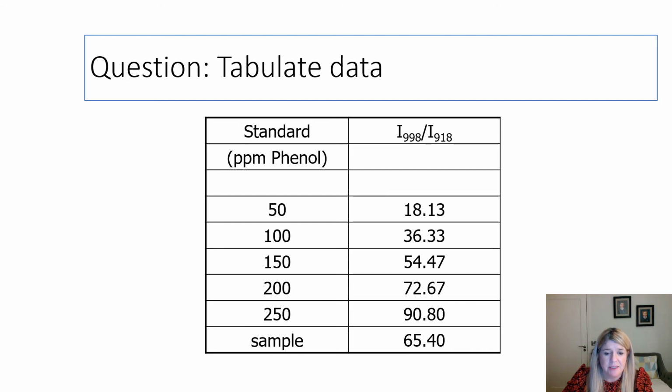And we do the exact same for the sample, and we get 65.4. Now, just looking at the table before we do our plot of our results, we can see that 65.4 is in between here, which is between 150 to 200 parts per million. So our answer should fall between these two.